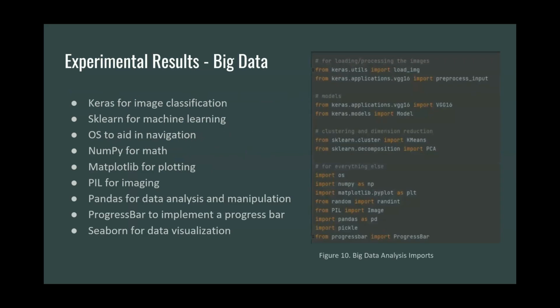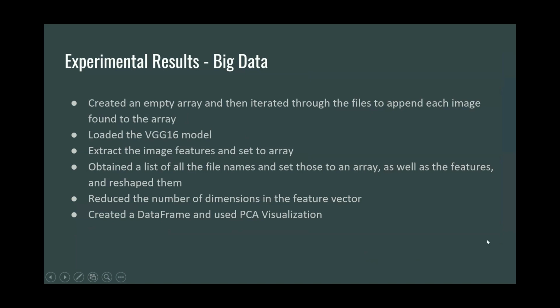But again, I'll show you some of the libraries that we used. So Keras, sklearn for machine learning, OS for navigation, NumPy and Matplotlib to help us with math and so on. One of the things that we've done also, I want to talk about, we did PCA visualization.